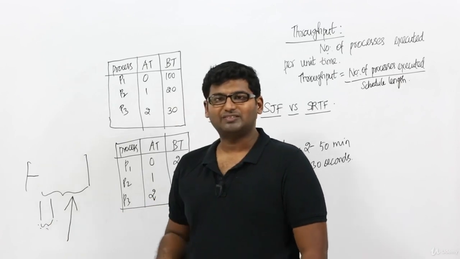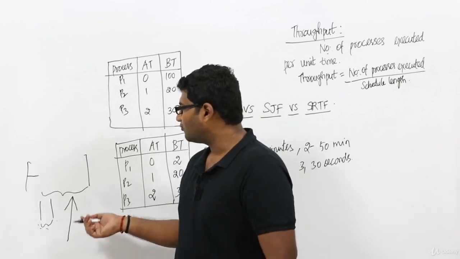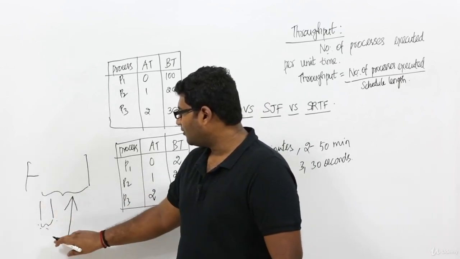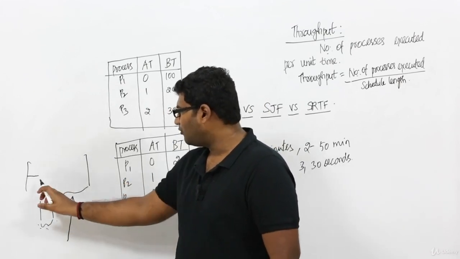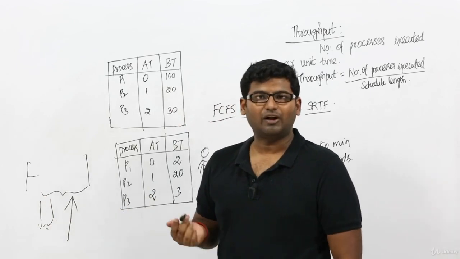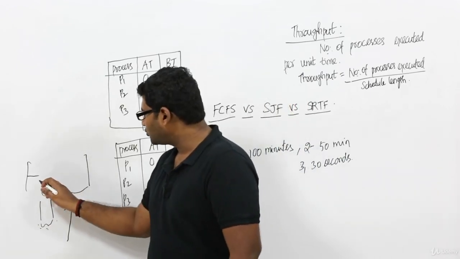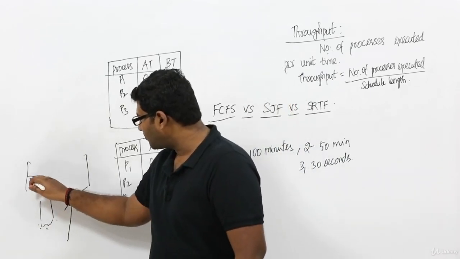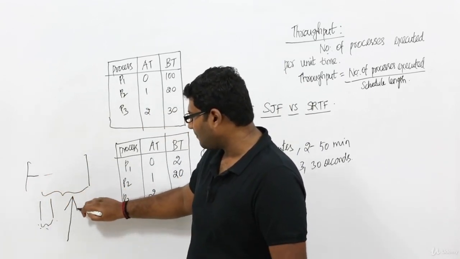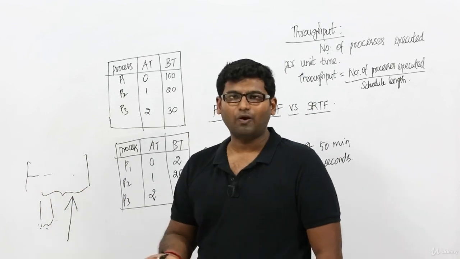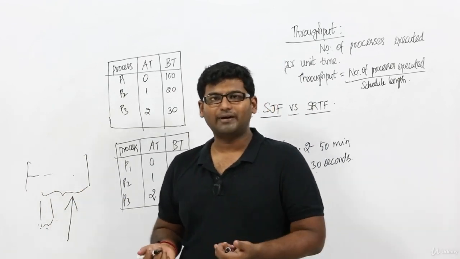Now in case you are using FCFS, the CPU would have started executing this process and it will not preempt, because FCFS is a non-preemptive scheduling algorithm, so it might have continued with this process itself. Whenever I look at this point of time, the throughput will be 0, which means the number of processes completed is 0.